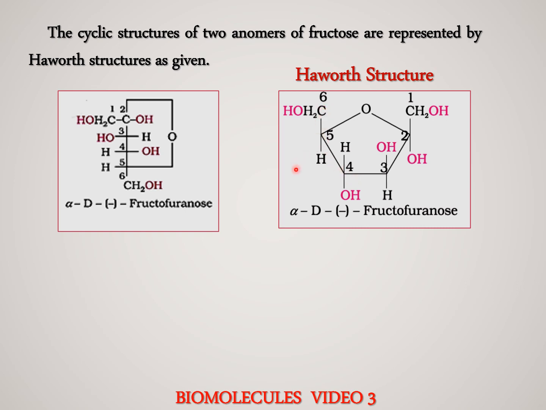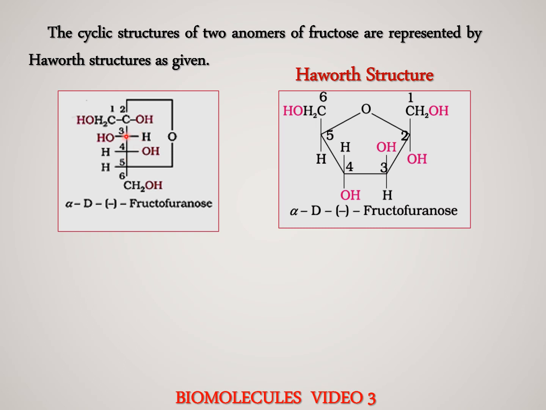If you compare it with the ring structure of fructose in the Fischer form, the rule says whatever groups are present on the left side of the carbon skeleton should go above the plane and whatever is on the right side should be written below the plane.